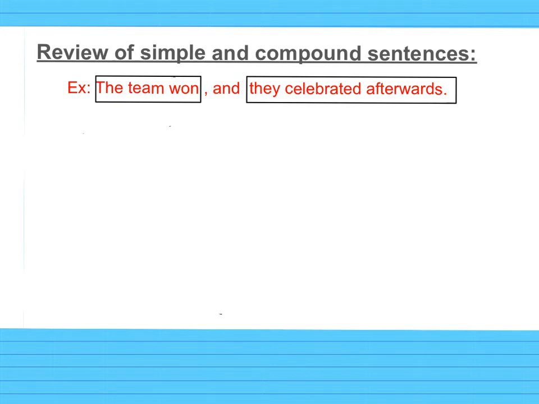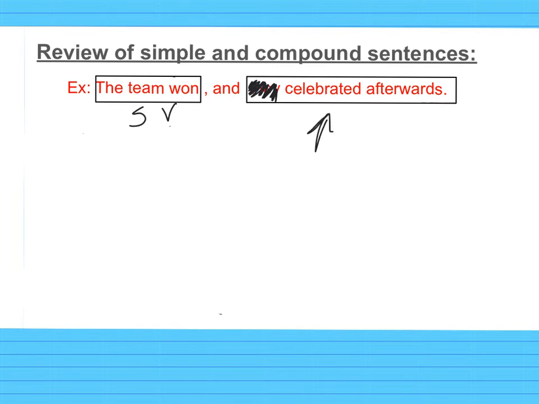I want to address one mistake that I often see when it comes to compound sentences. Students will write a sentence such as the following: the team won and celebrated afterwards. They will forget that they need not only a subject and a verb in the first part of the sentence, but that they also need a subject and a verb in this second part of the sentence.